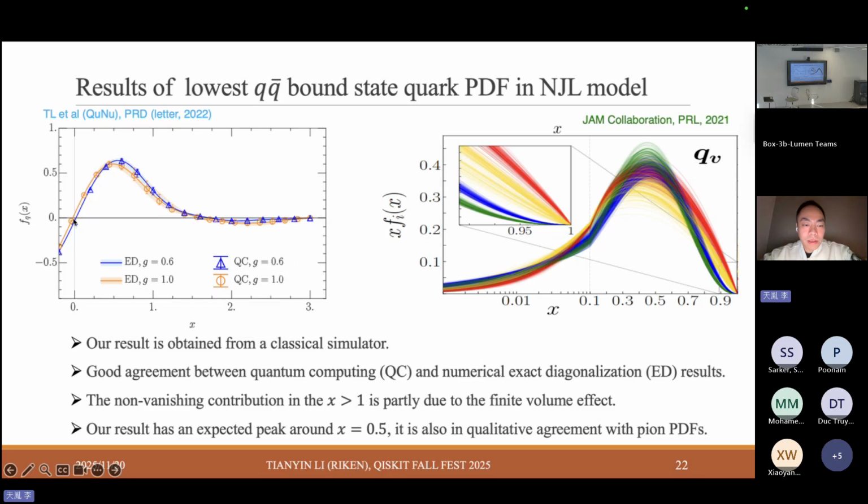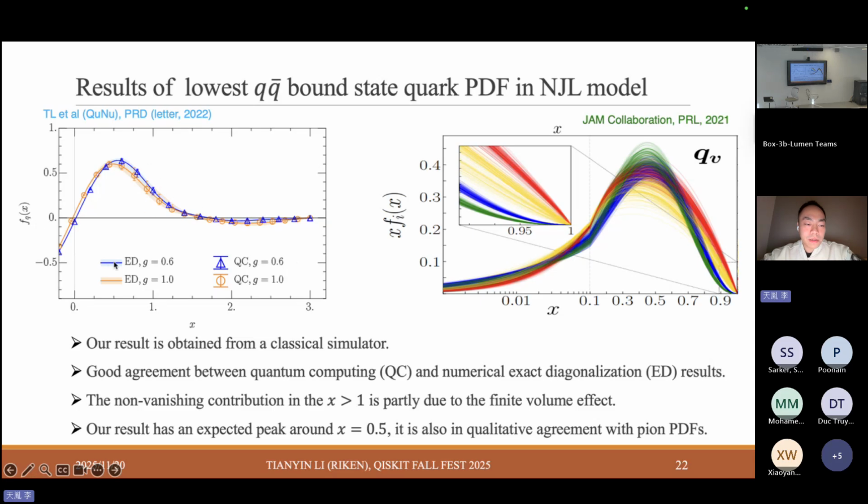Finally, we execute our quantum algorithm in a classical simulator, and we obtained the final results of the parton distribution function.